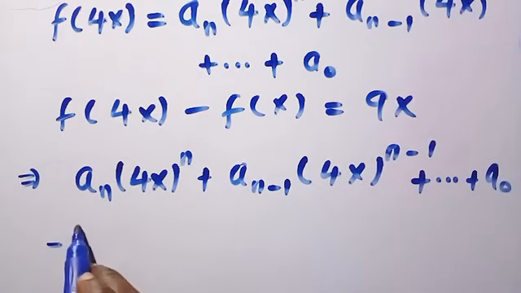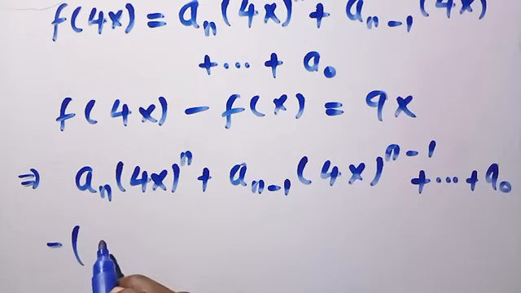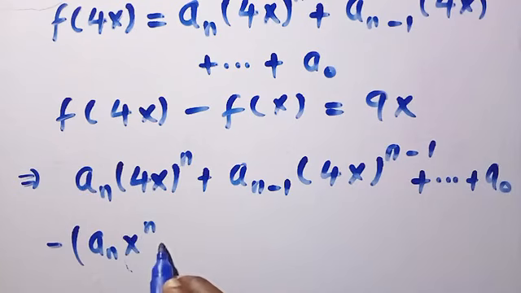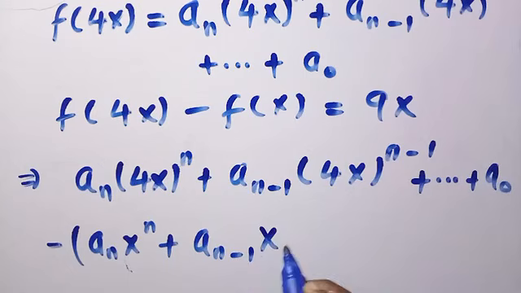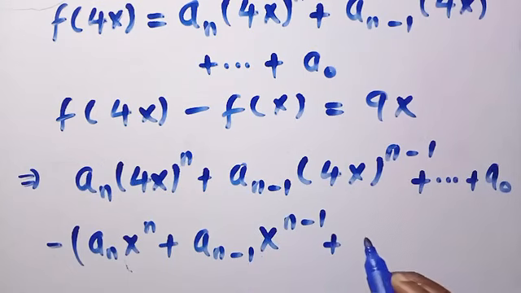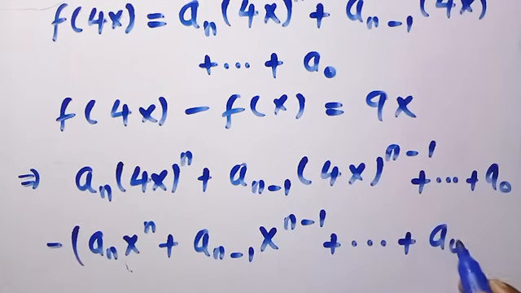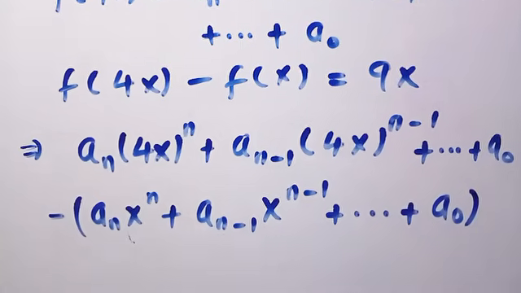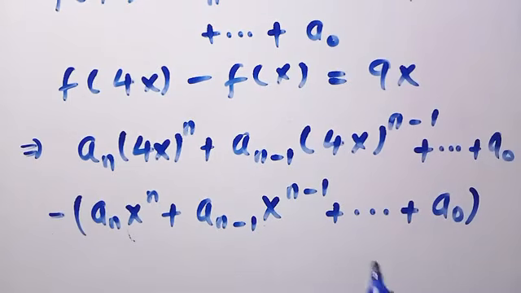We subtract f of x, which is x raised to the power n plus an minus 1, x raised to the power of n minus 1, then plus dot dot dot plus a naught, and everything here equals 9x.